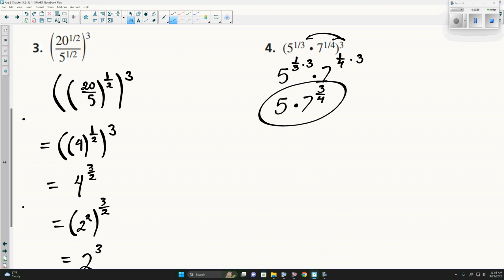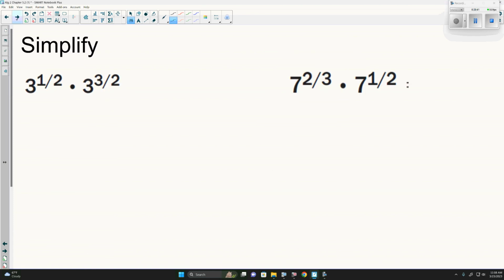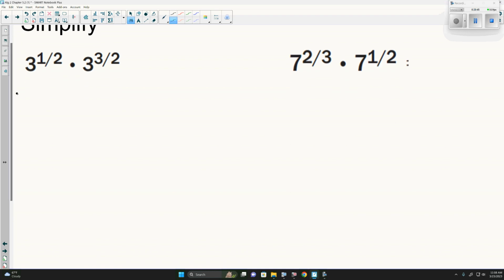We ready for the next one? Three to the 1/2 times 3 to the 3/2. Since the bases are the same, we add the exponents.